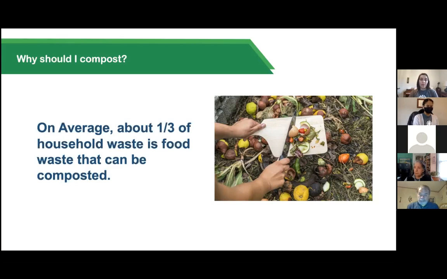In our household, we compost probably 50% of our waste, maybe more, because we use all, or the majority, of our paper waste in the compost, as well as carbon matter.